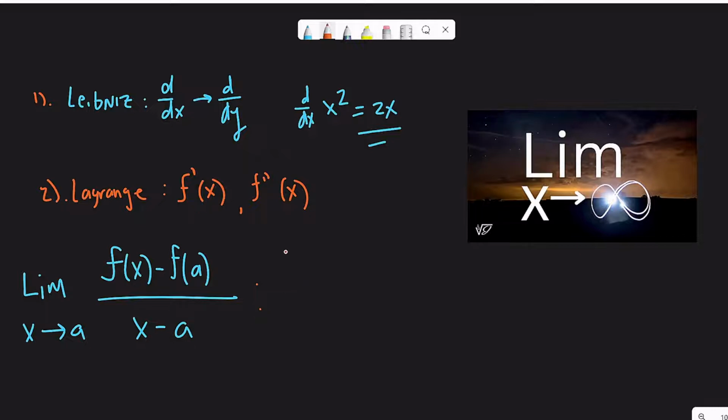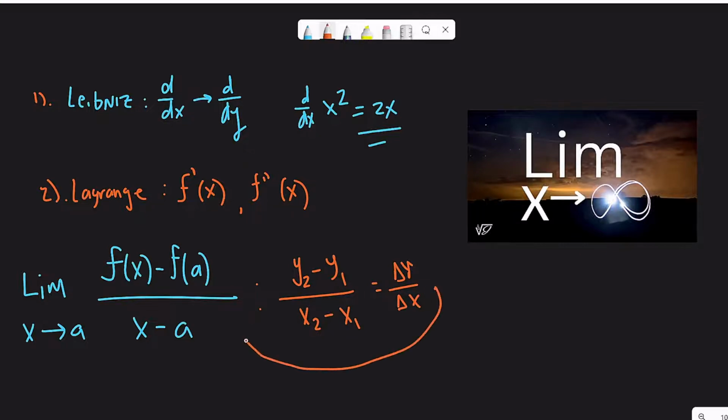And to make this clearer to understand, we can think about the formula for a slope, which you've seen before. It's the difference between 2 y points and 2 x points. So the change in y over the change in x. And so that's all we are doing here as well.